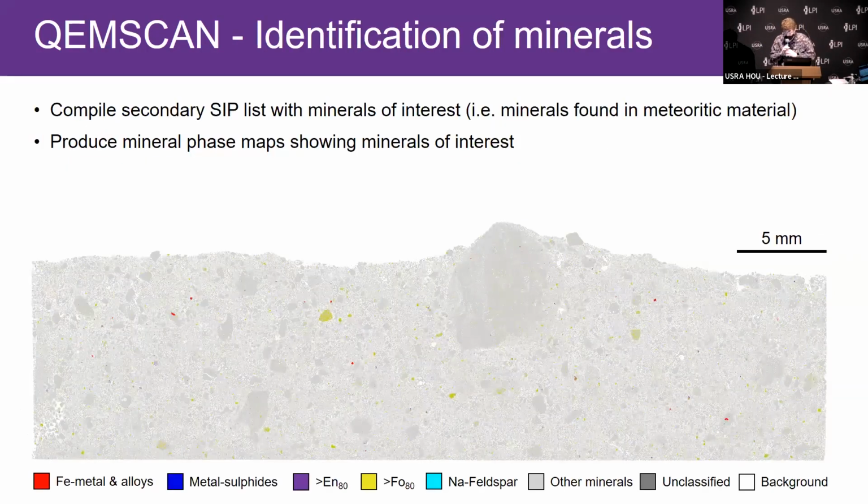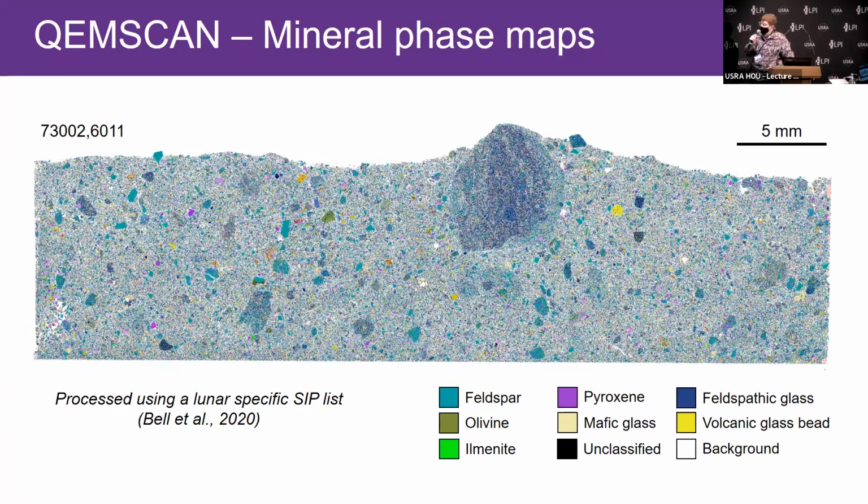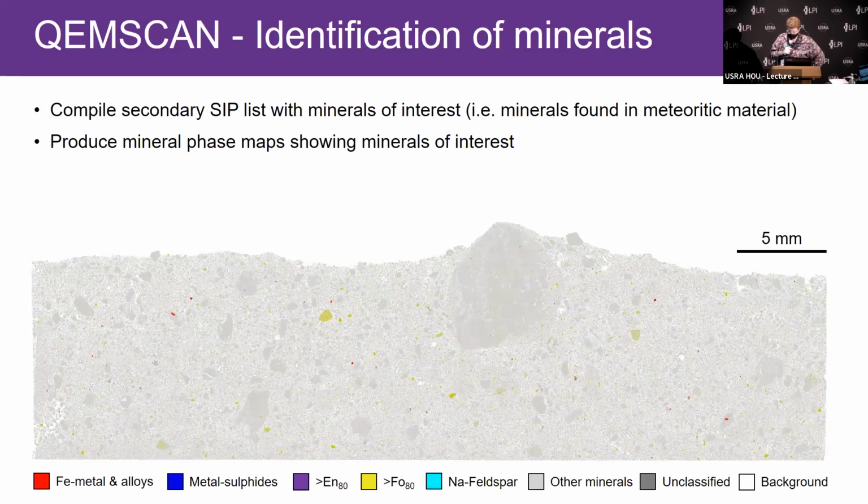So once we've got our nice mineral map, if I just flick back to that one, we then want to be able to highlight these potential meteorite clasts. So to do that, we use the system to highlight some minerals that are commonly found in meteorites. And we do this with a secondary list. So as you can see with the legend at the bottom there, we've essentially just stripped back and dumped most of the minerals into an other minerals category.